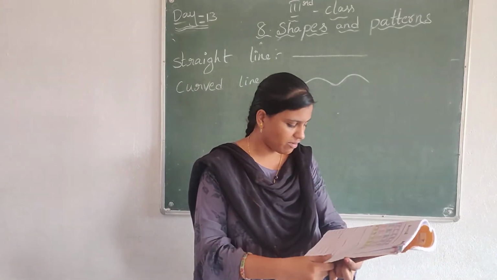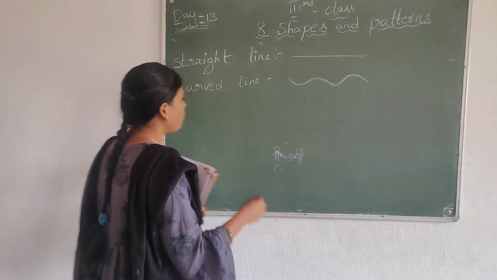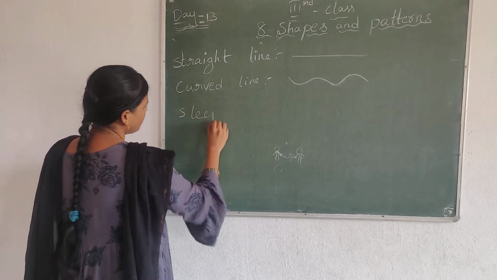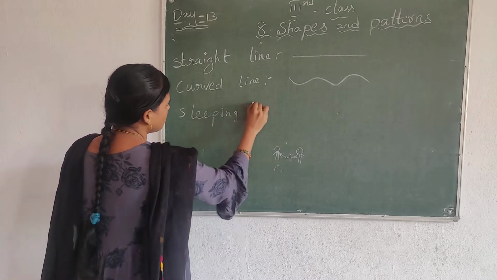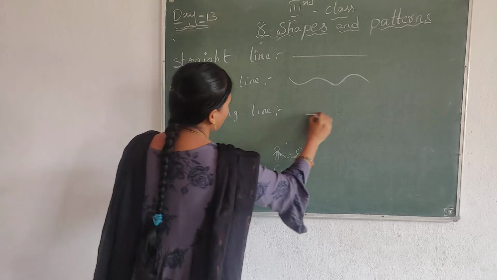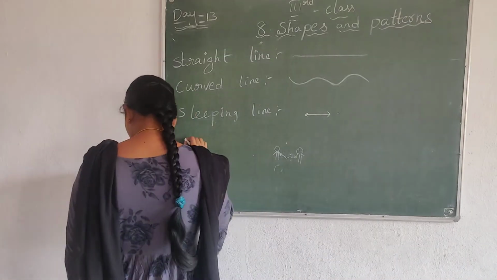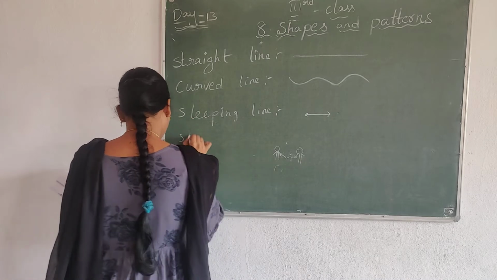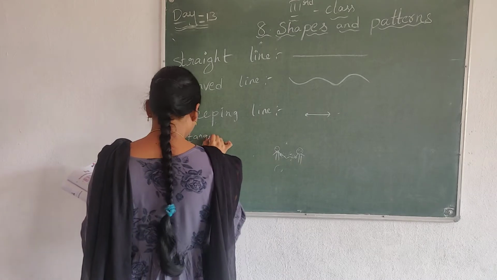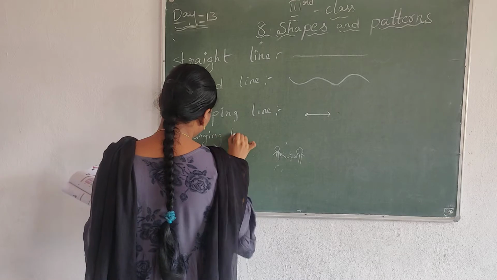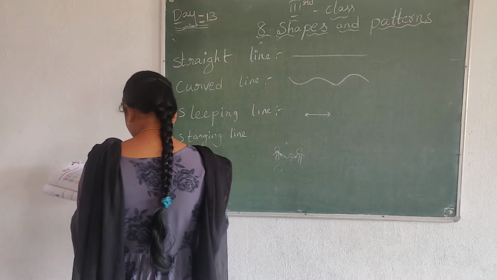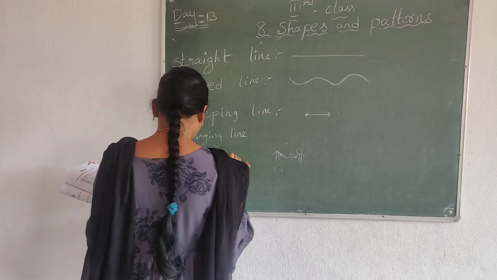Let's see, here we have some more lines. We have a sleeping line. Did you see it anywhere? This is a sleeping line. Standing line. Next, slanting line.